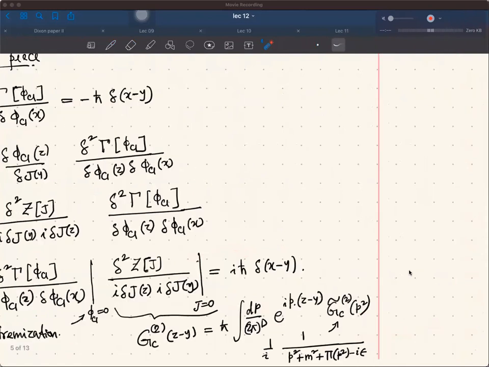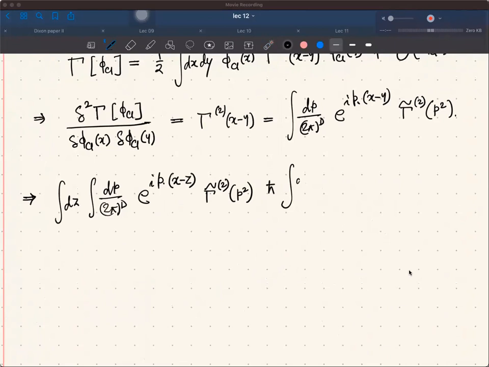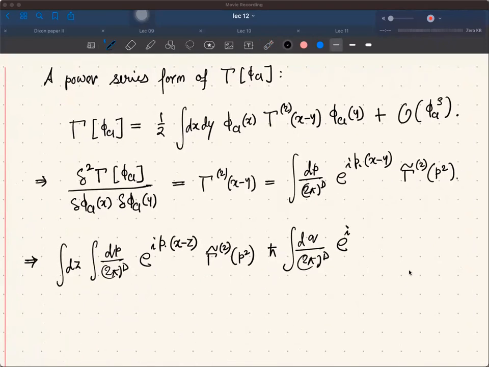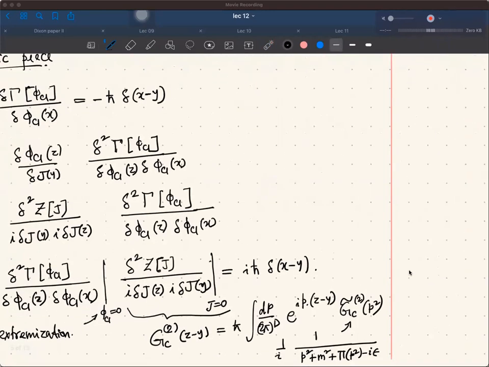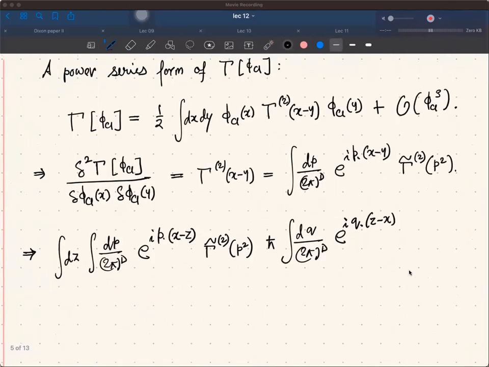So replace p by q: h bar integral dq by (2 pi)^d, e to the power i q dot (z minus y), and G tilde c2 of q square. That is equal to i h bar delta(x minus y).